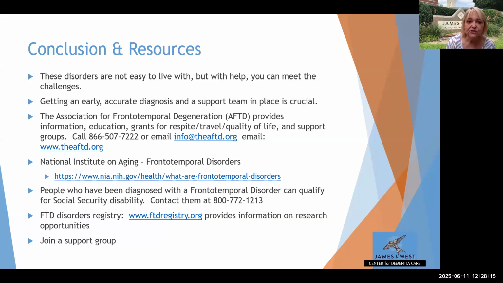We encourage you to get into either one of our support groups that is for all people who have loved ones with dementia, or get into a specific FTD support group, which you can find on aftd.org. They are not easy to live with. None of the dementias are easy to live with, but the FTDs can be especially challenging because of the behavioral parts of it that come out.